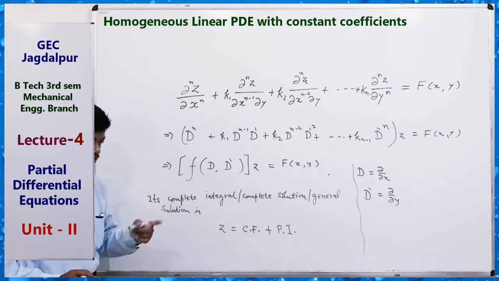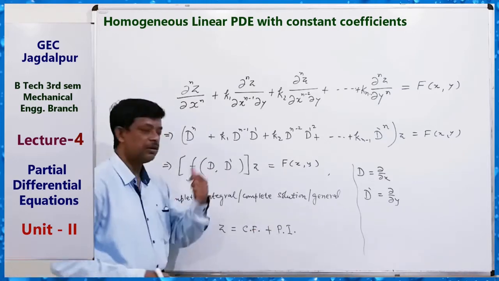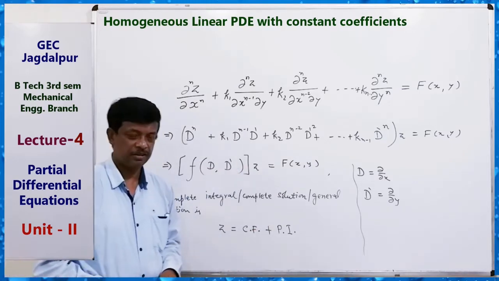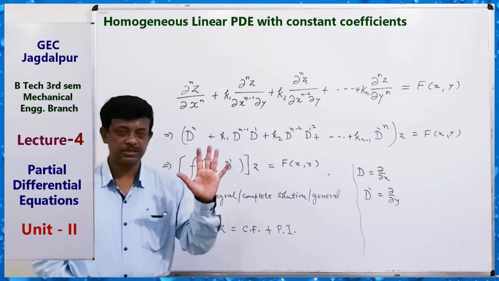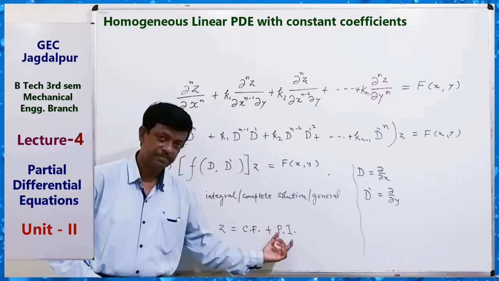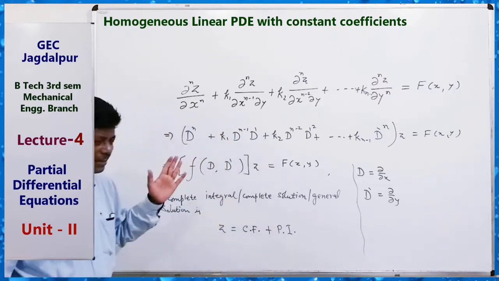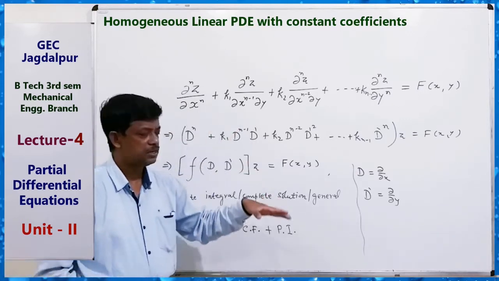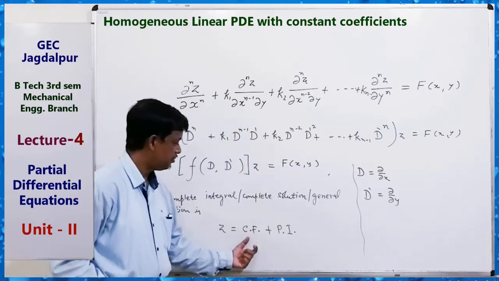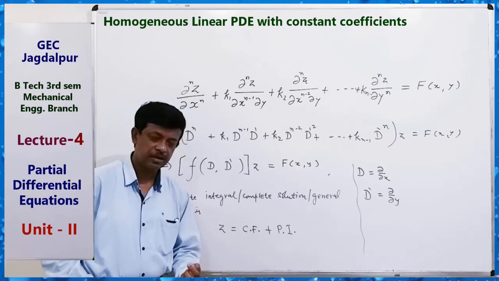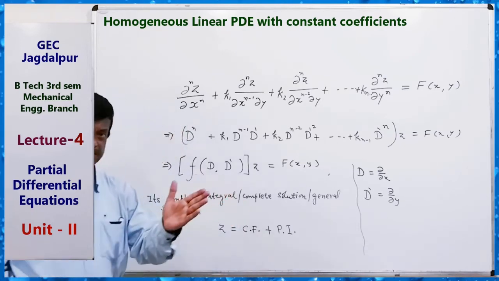PI is the particular integral, the value of z in which there will be no arbitrary functions or constants. And CF here, being related to a partial differential equation, may contain constants or arbitrary functions.